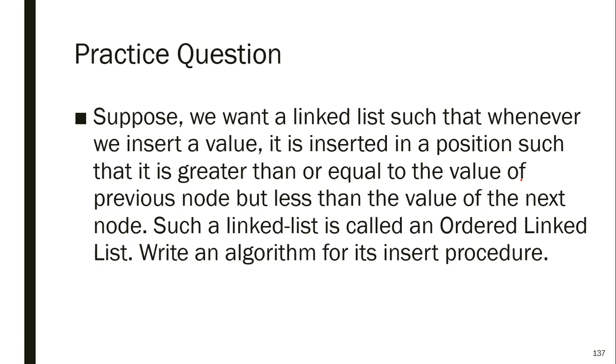But when you insert a second or third or any other value, it is inserted in a position such that after inserting, it is greater than or equal to the value of the previous node but less than the value of the next node. So it means it's in ascending order. Such a singly linked list is called an ordered linked list.